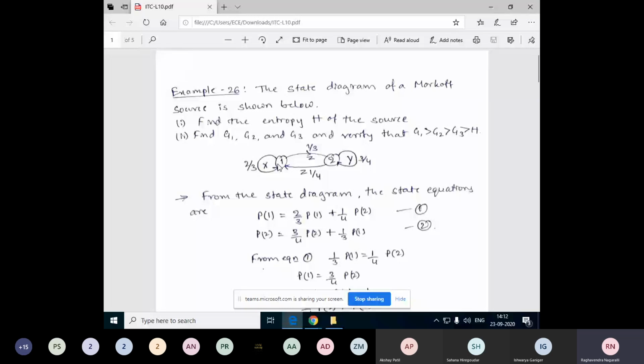We have two types of transitions, incoming and outgoing. To write state equations, which transitions do we need to consider? Incoming. So incoming transitions for that state.